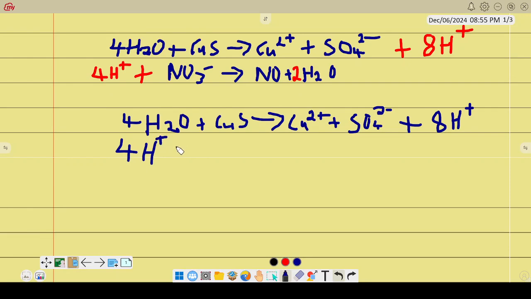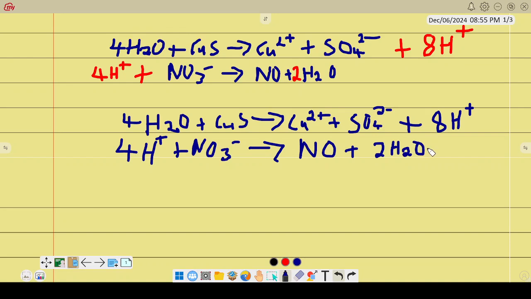Initially we had put 2, but we have now corrected. Okay, so is this the correct thing? Yes. So now step 5 is where we balance the charges.